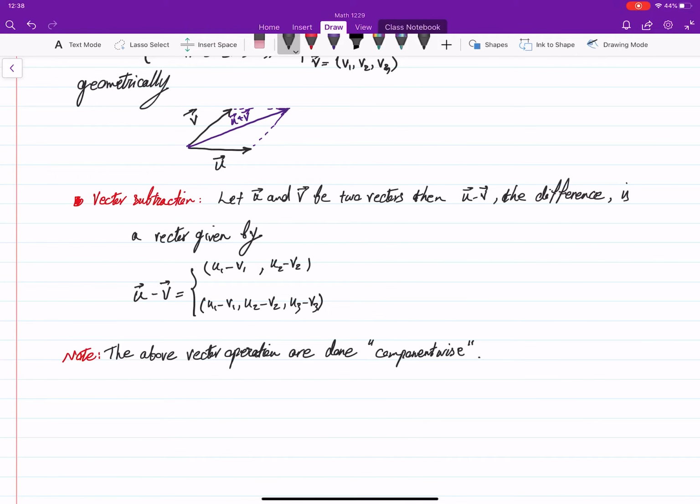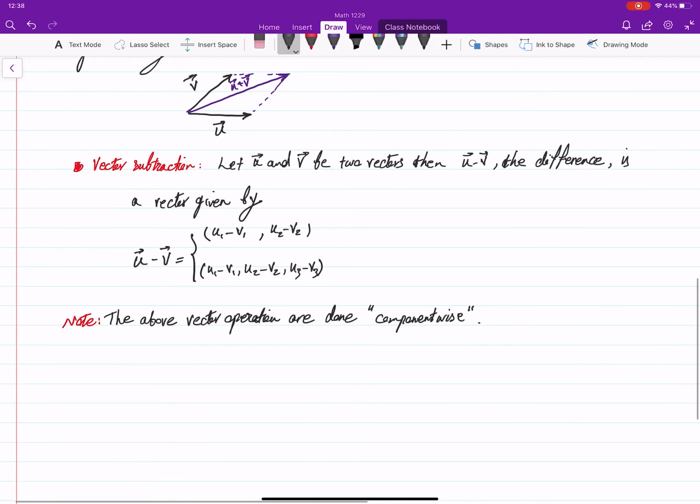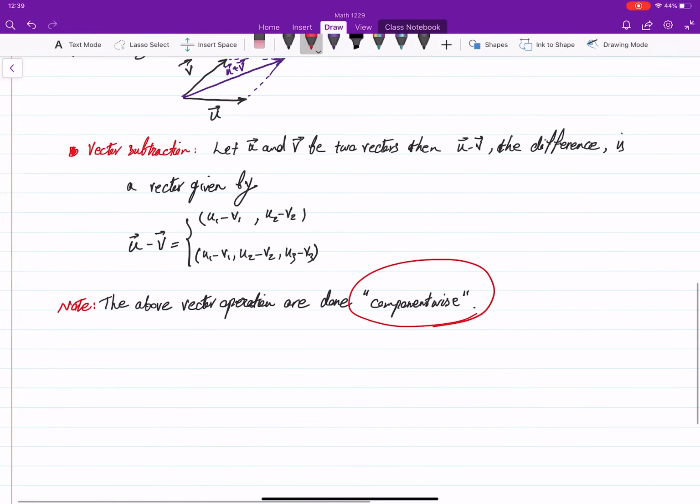And if you're multiplying a scalar to a vector, you just multiply that scalar to every given component and then put in the corresponding place. That's what is important to know, and I want you to keep this really in mind, component wise. We will get back to this very soon.